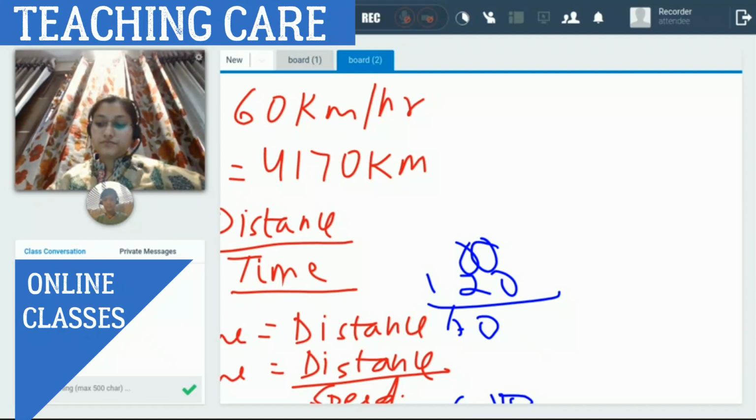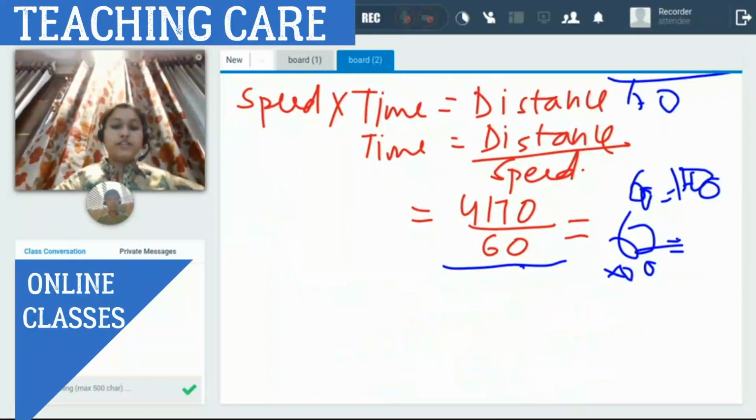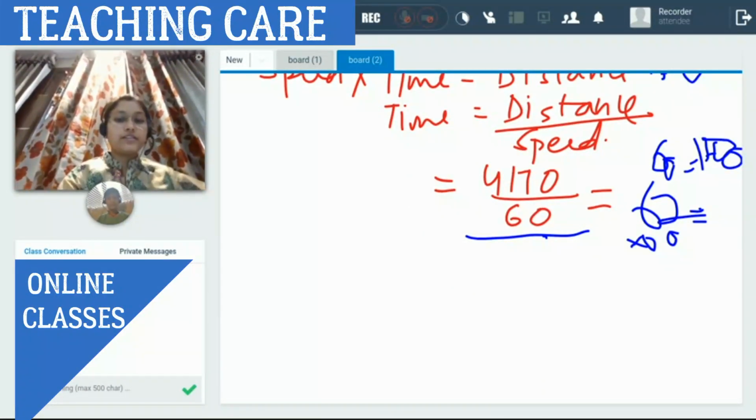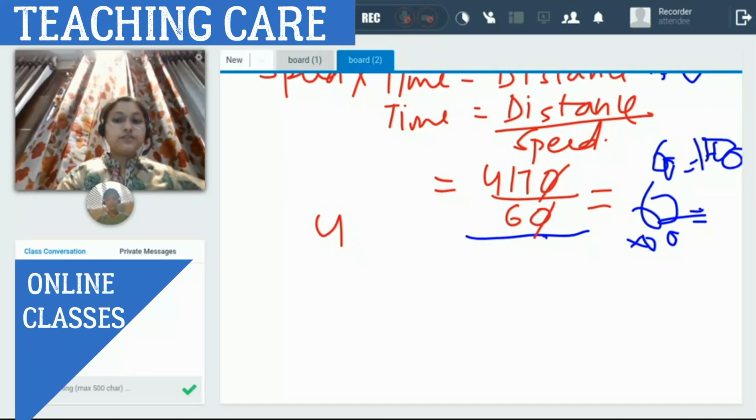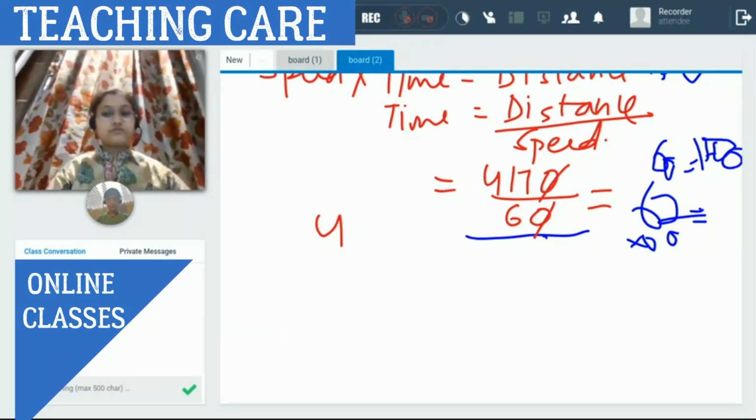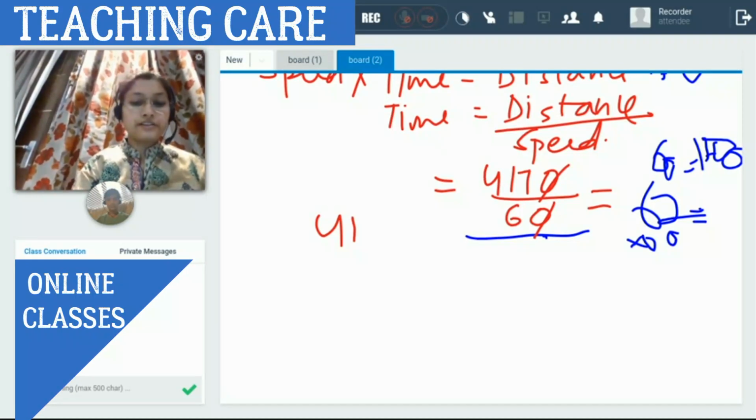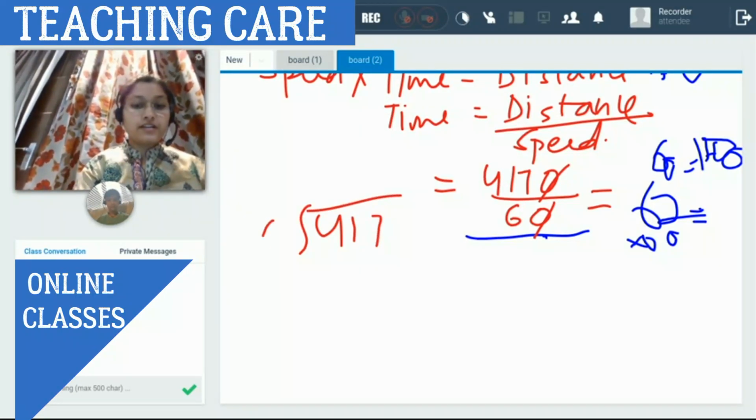So I know that 60 times 60 equals 1200. See, we need to divide it like this. 0 and 0 will cancel out. I'm left with 417 divided by 6.